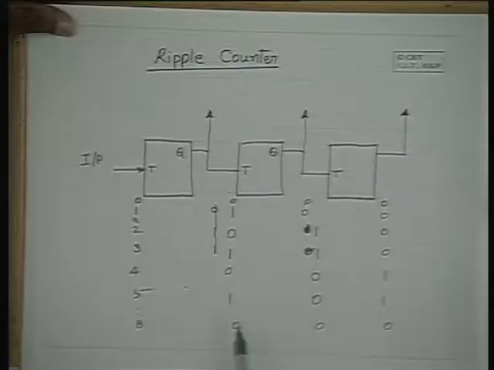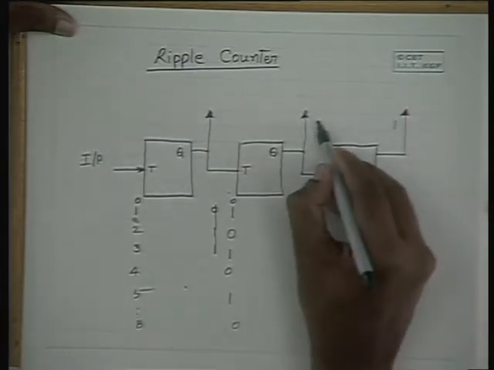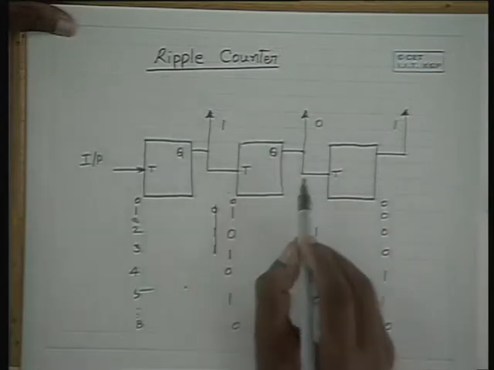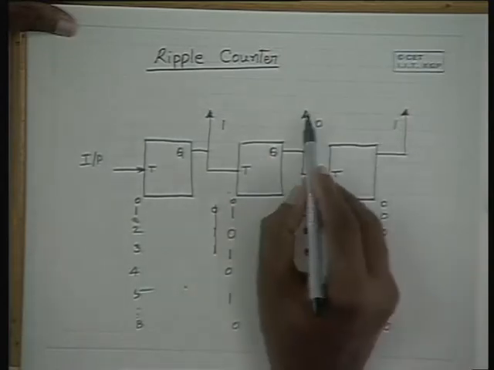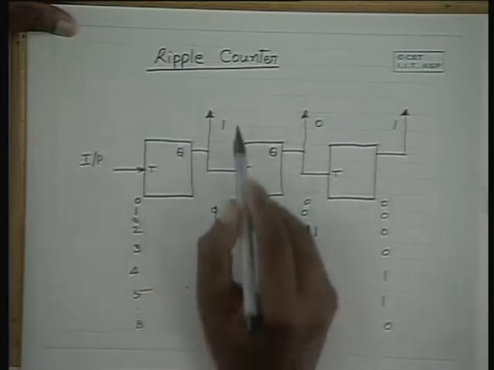Now, if you want to terminate the count at 5 itself, say it counts from 0 to 7, that means 8 states, and counts back. And now if you want to terminate it at 5 itself, that means you should sense a situation where it is 101.